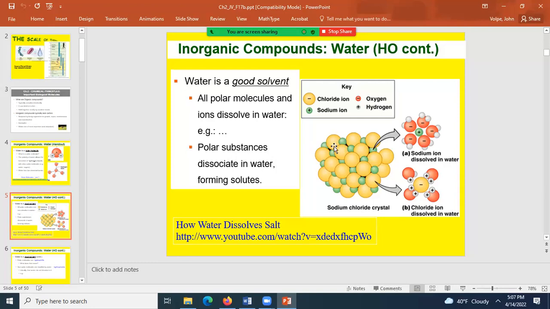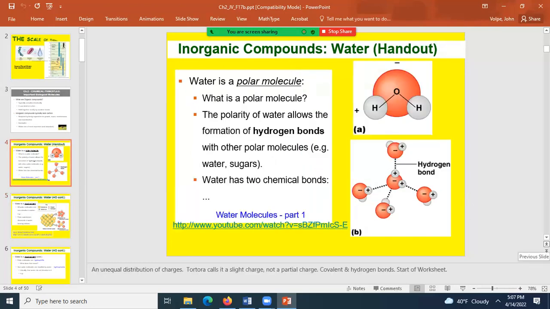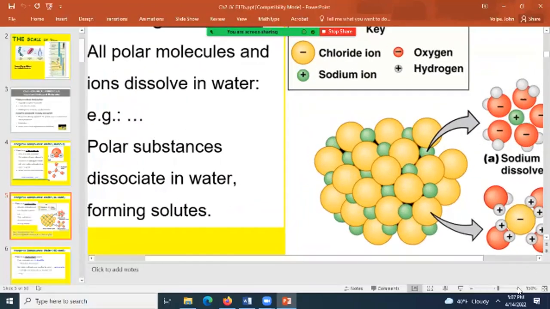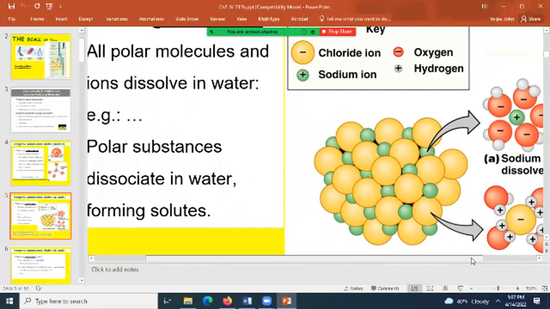Sodium has a positive charge, chloride has a negative charge, and the salt ions stick together in a crystal of salt. And if you put that in water, the water will surround the ions. Oops, I went to the wrong one, sorry. I'm trying to blow this up so it'll be easier to see. Scroll this over.